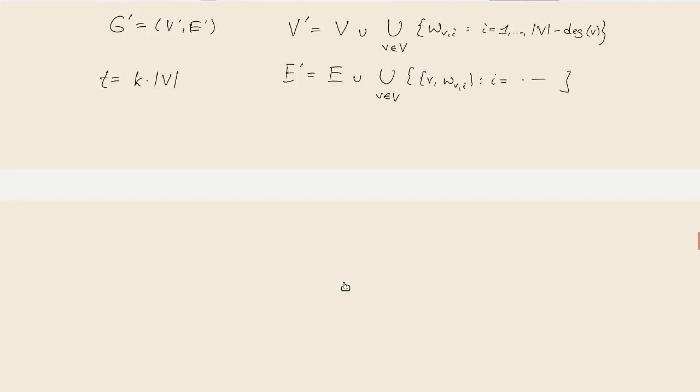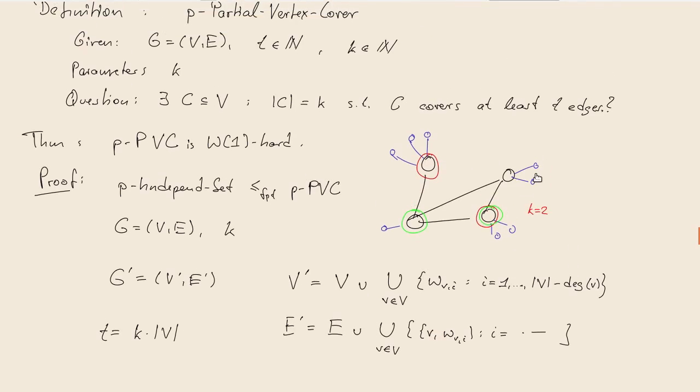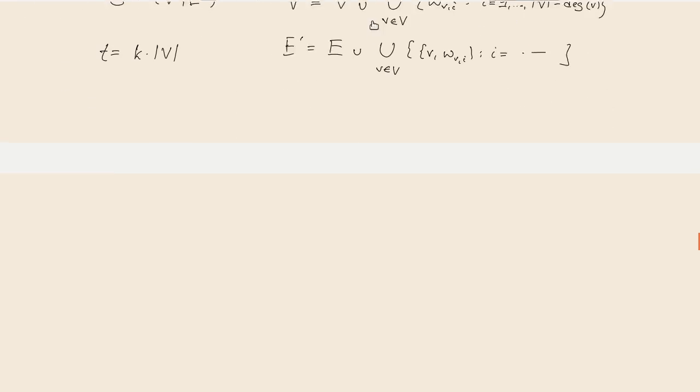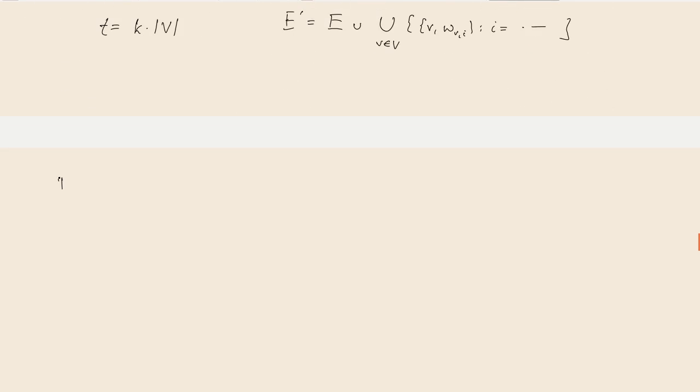I think there's one last point that I should make this time. We've now talked about the problem partial vertex cover. What about vertex cover itself? Is it easy or hard?